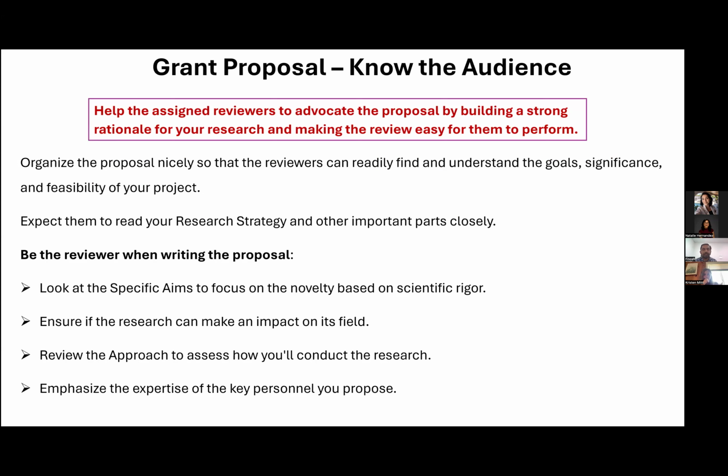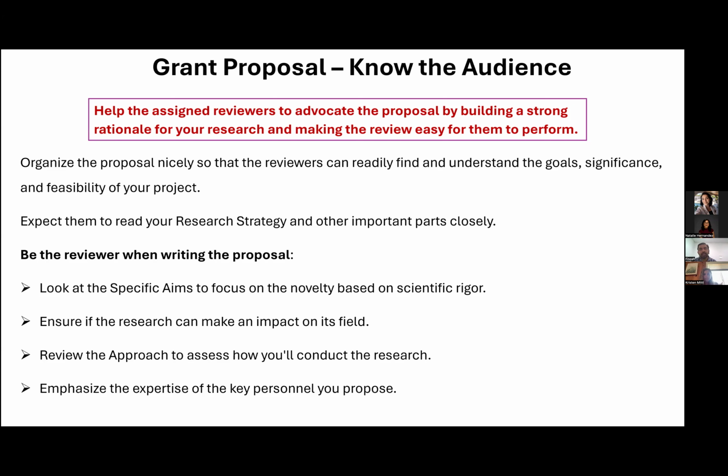And then always, when you write a proposal, keep this in mind: I need to help my reviewer to support me. That means always think from a reviewer's perspective. Because as I mentioned, for our research, we are the authority.